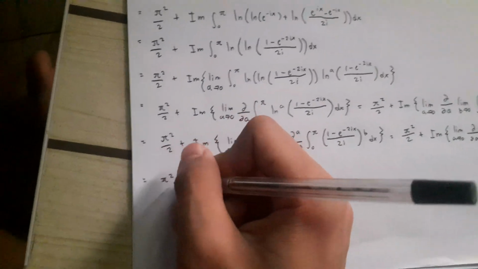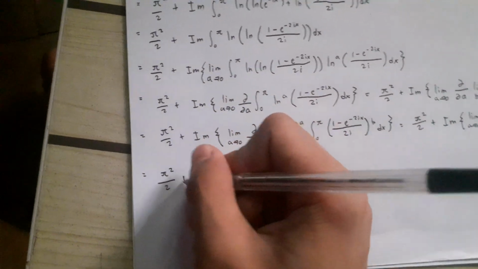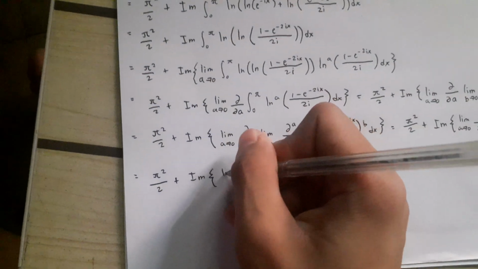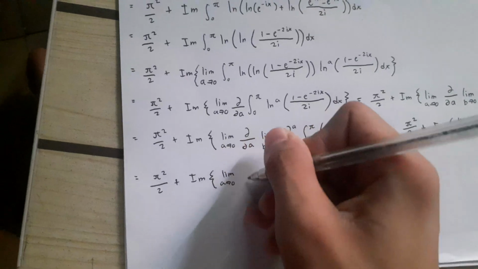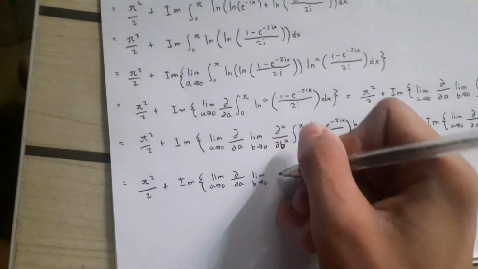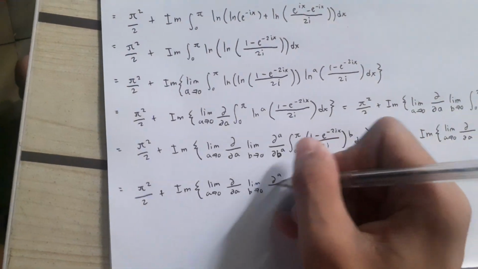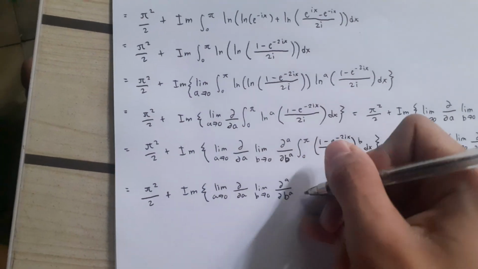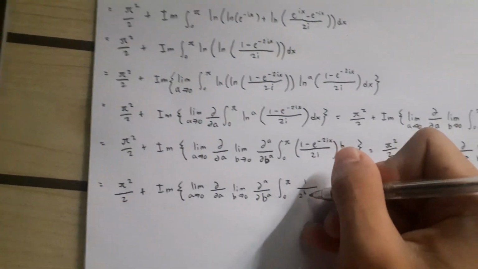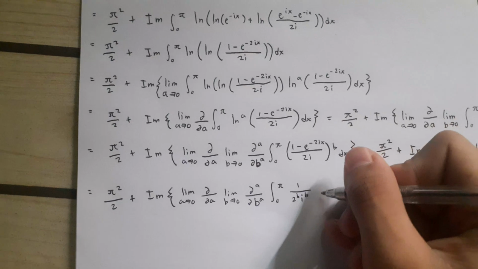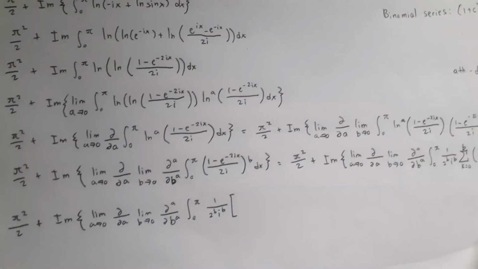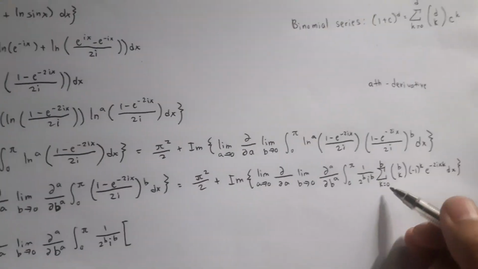By doing that, this is now pi squared over 2 plus the imaginary part of the limit as a approaches 0 and 1 over 2 raised to b, i raised to b times the first term at k equals 0.